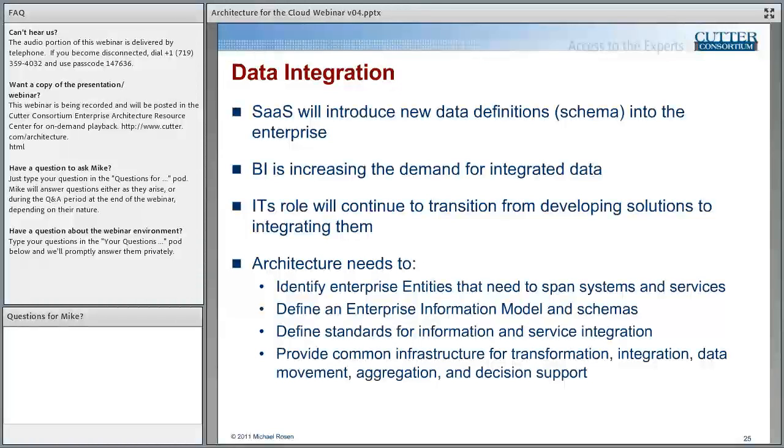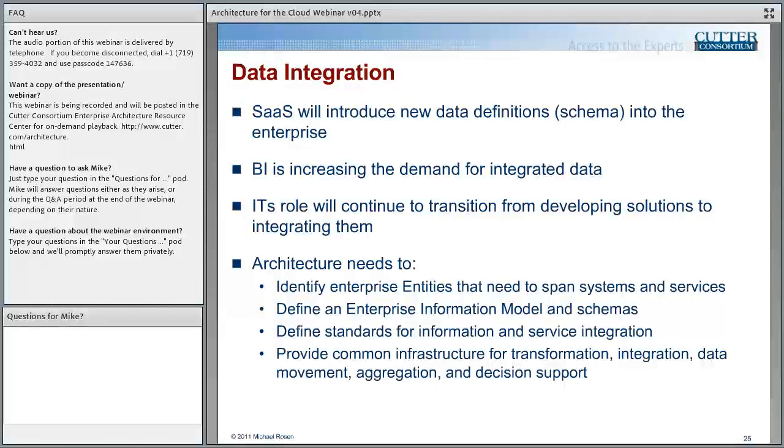Business intelligence is becoming more and more powerful and common, and as that increases, the demand for integrated data increases. Our role in IT has been transitioning, and continues to transition, from developing specific solutions to integrating solutions that we acquire: COTS applications, outsourced applications, and now cloud services.